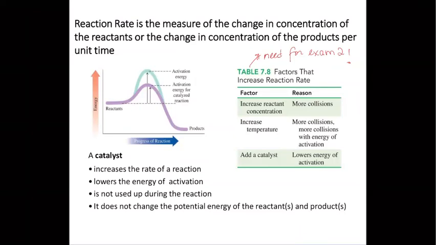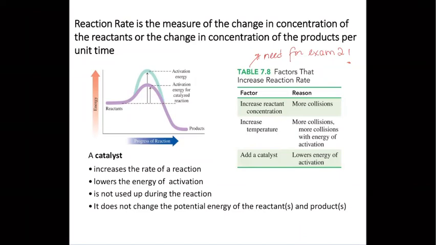Increasing the temperature of your reaction, okay, makes more collisions, and these collisions are going to generate enough activation energy that then we can actually speed the reactions. The last way that we can increase the rate of the reaction is by adding a catalyst, okay? And what a catalyst does is that it lowers the activation energy for your reaction.